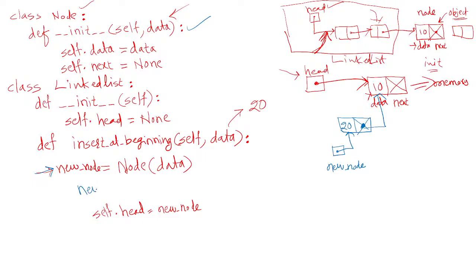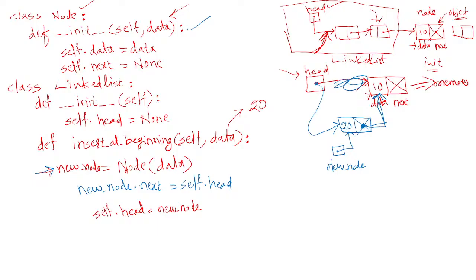You can say new node dot next equals to the previous first node, whose address is present in head. So you should say self dot head. When you say self dot head, first the new node's next pointer we are setting points to the previous first node. Now you remove this and make the head point to this node, then it becomes the first node. That is what we are doing.